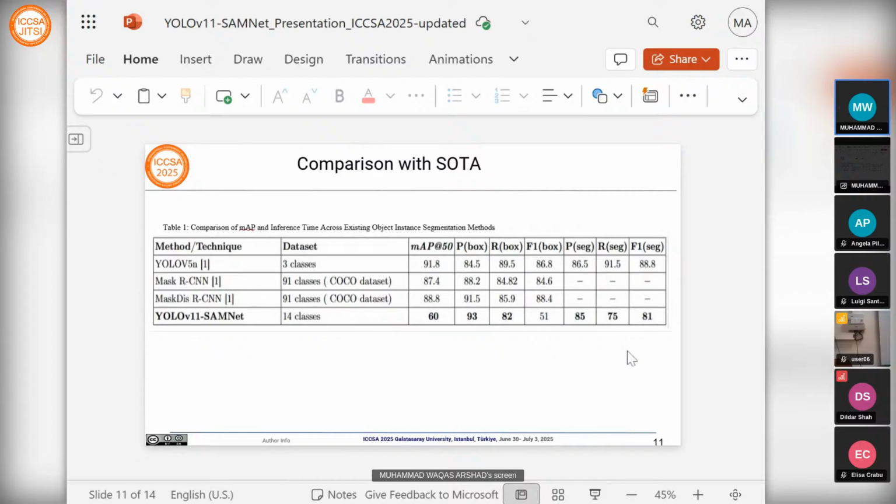This shows the effectiveness and robustness on complex, real-world medical datasets. So that is the main primary goal of our work.